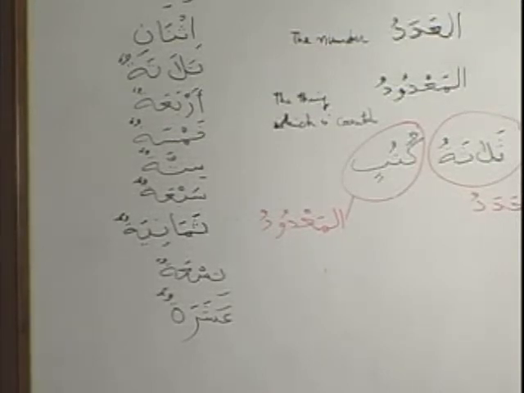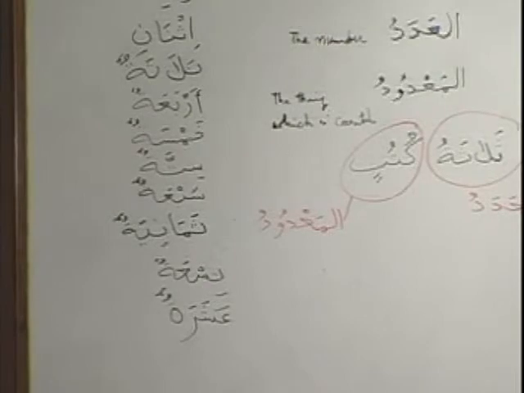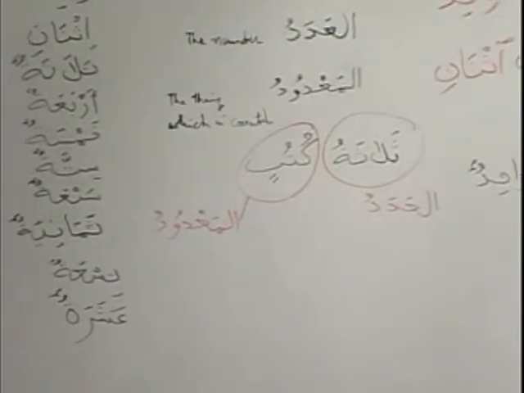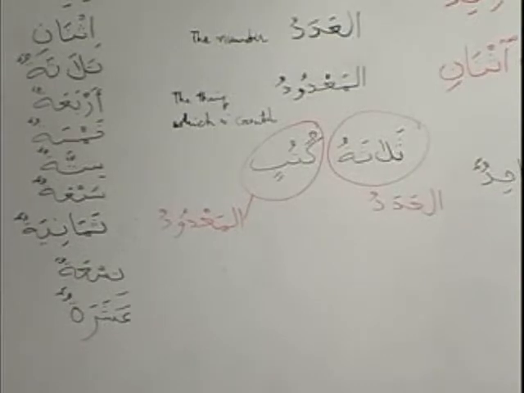If I wrote it separately, I wrote it salasatun. But if I make it a mudaf, then it is salasatu. I'm doing this to try to make it as simple as possible, inshallah. Okay?